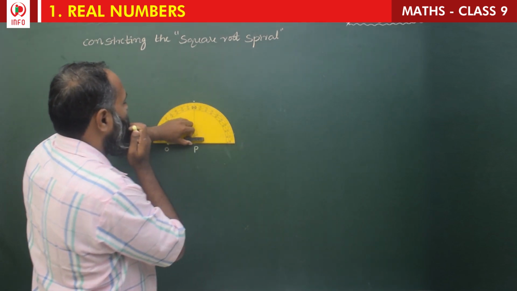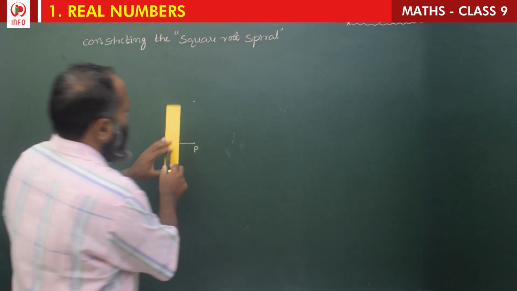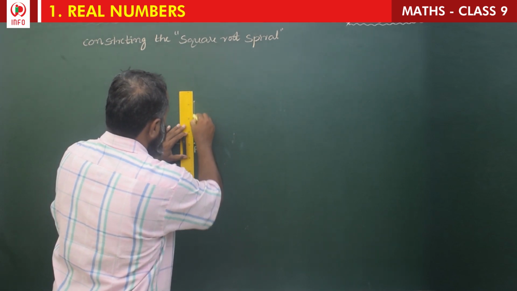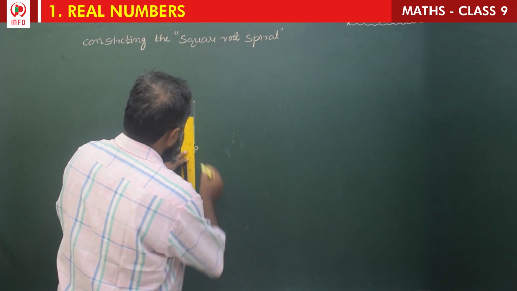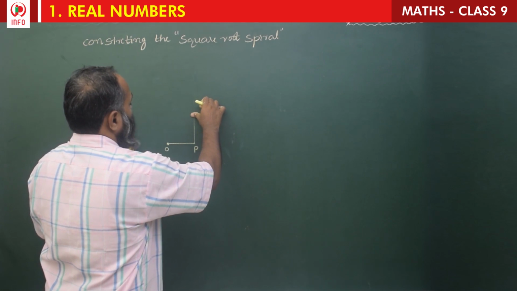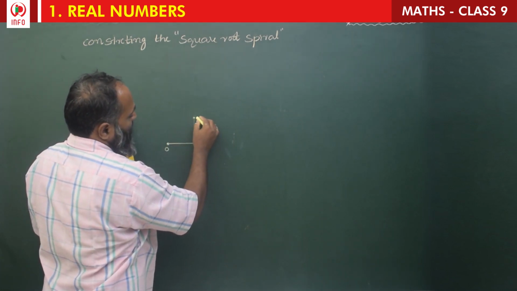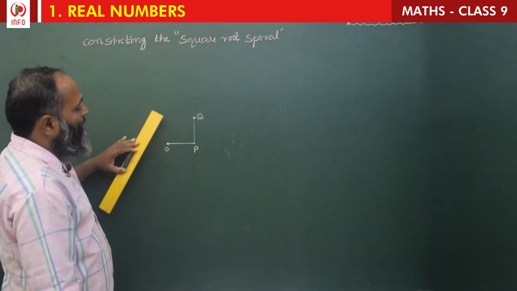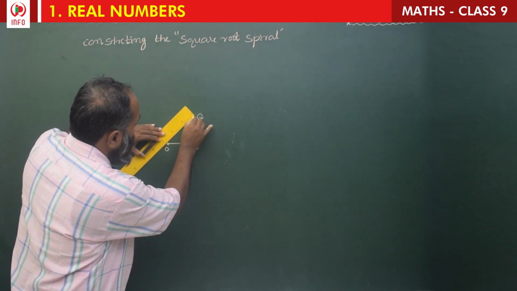Mark a point at 90 degrees, and here you take 1 centimeter. Only a 1 centimeter perpendicular line we need, this is Q. Now join OQ. What is OQ?